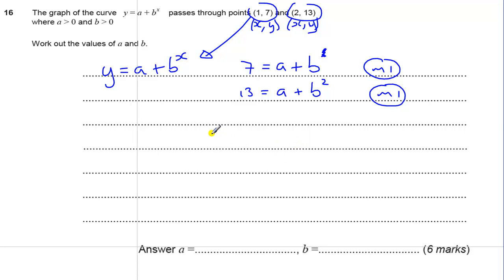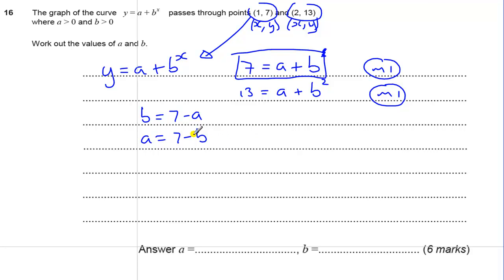So we've got to try and figure out how to combine these. This is actually a simultaneous equation with a square in it. To do that, we need to try and figure out how to replace one of these. I could take this first equation and rearrange it so that I get b equals 7 minus a, or I could rearrange it so I get a equals 7 minus b.